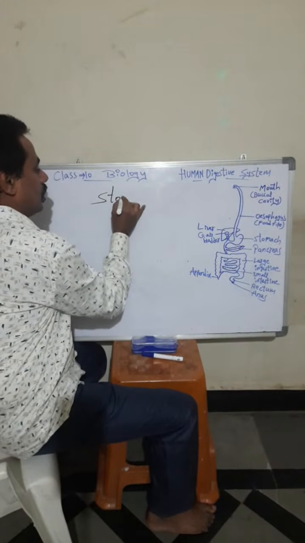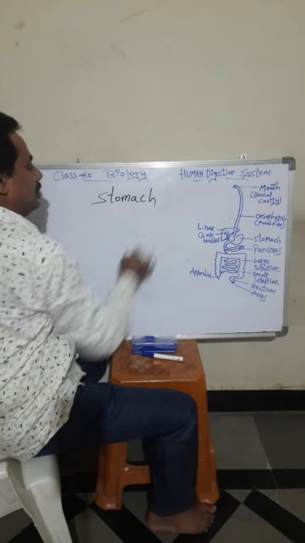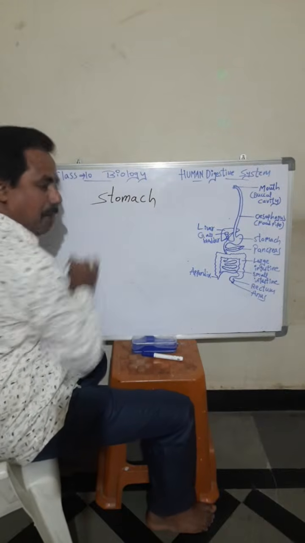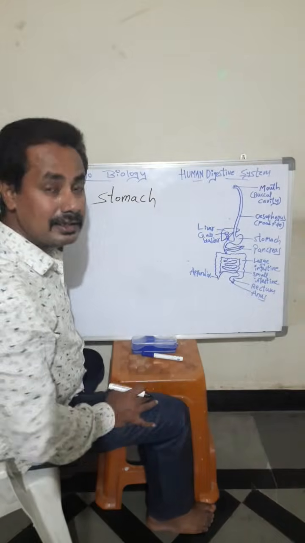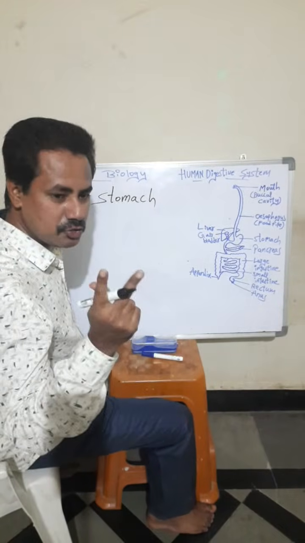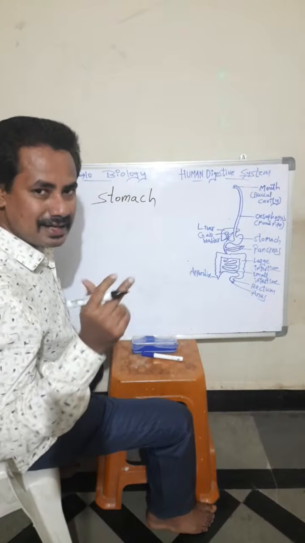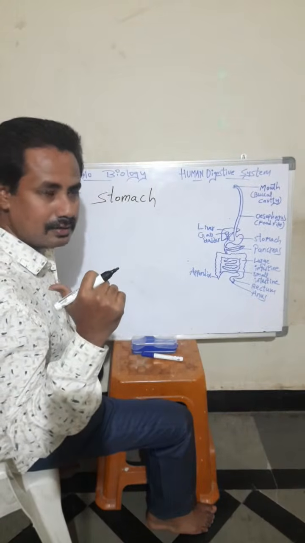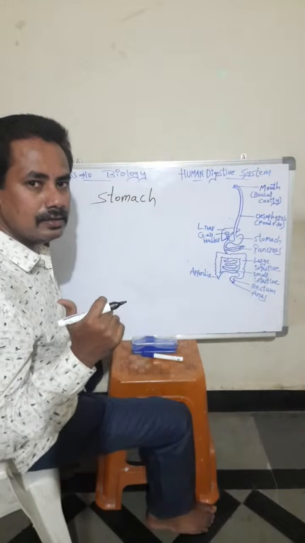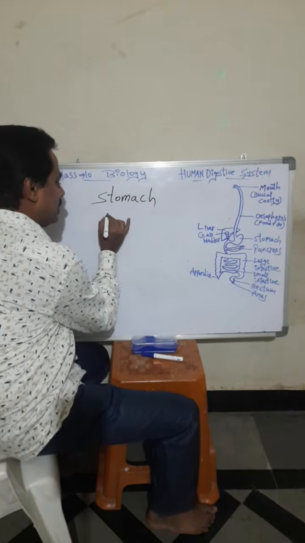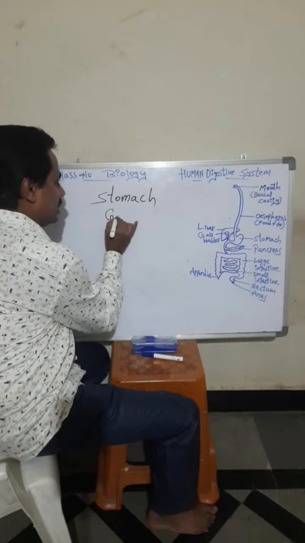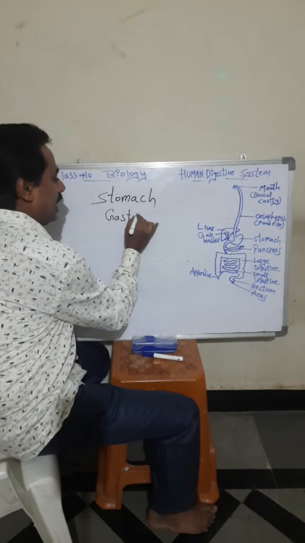Now let's talk about the stomach. Our stomach contains some digestive glands. In the beginning, I told you the human digestive system has two things: the alimentary canal and digestive glands. So the stomach also has digestive glands, known as gastric glands.